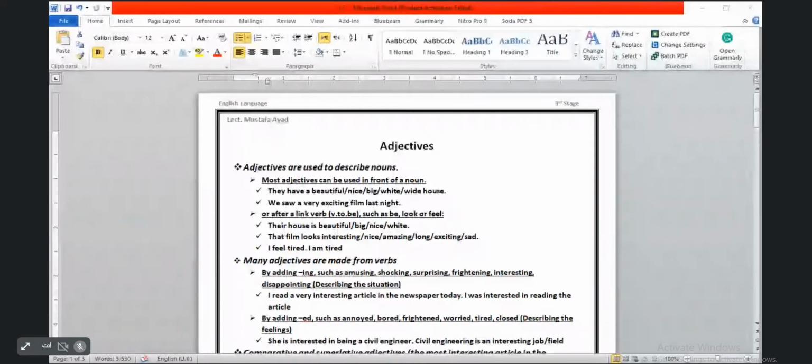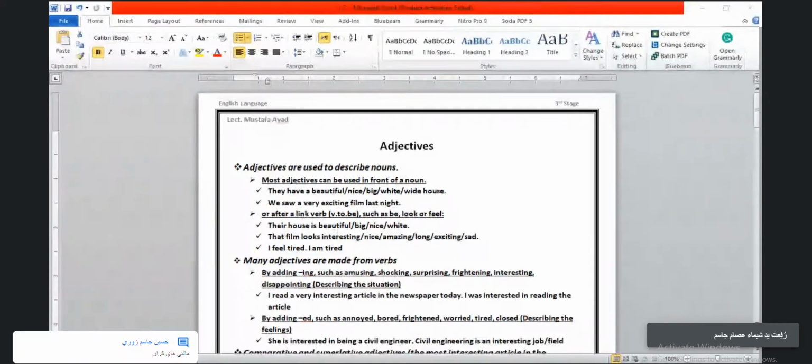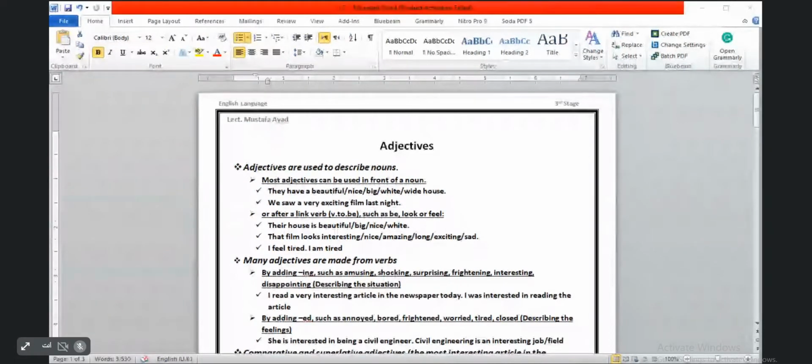Karar Settar? Yes, Karar. What's your example? We have a nice school. So this is which case? The first or the second case? Before the noun or after the noun? So what do you think, Karar?